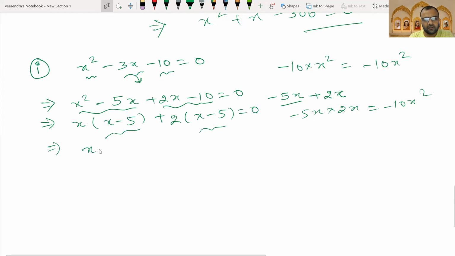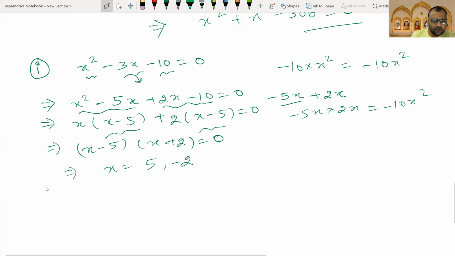So it becomes x minus 5 into x plus 2 is equal to 0. We can say the value of x is 5 and minus 2. So in such a way, we can use the factorization method to solve the quadratic equation.